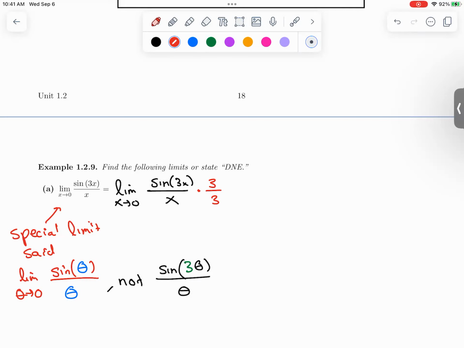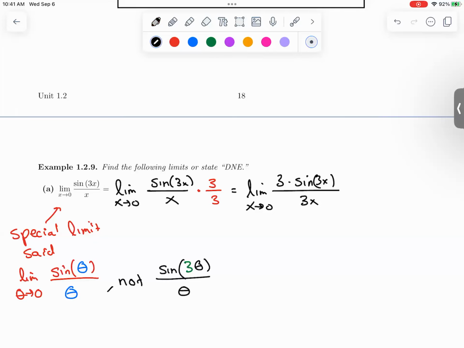And the reason for that is then we get the limit as x approaches 0 of 3 times sine of 3x divided by 3x. And now, granted, it's not exactly theta over theta. But we're closer, right? Now it's sine of 3x over 3x, but it's as x approaches 0.